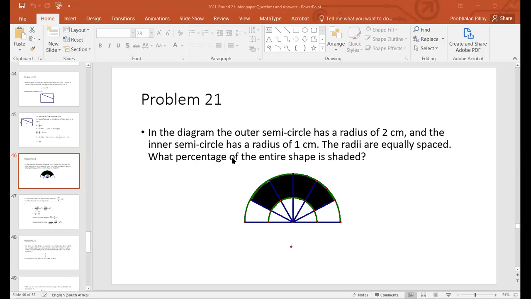In the diagram, the outer semicircle has radius 2 centimeters. So this radius here is 2. That's the outer semicircle. And the inner semicircle has got radius 1.